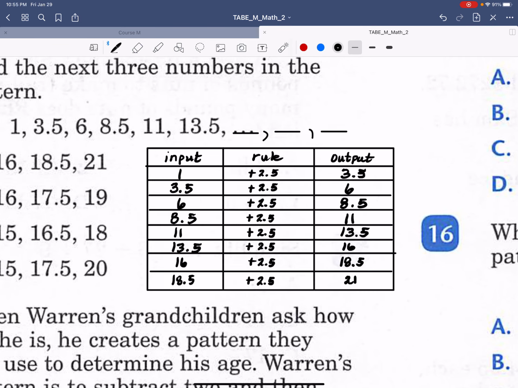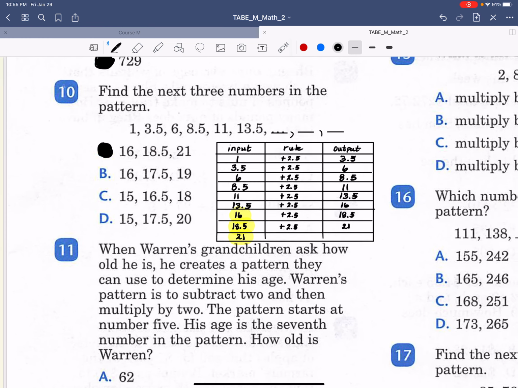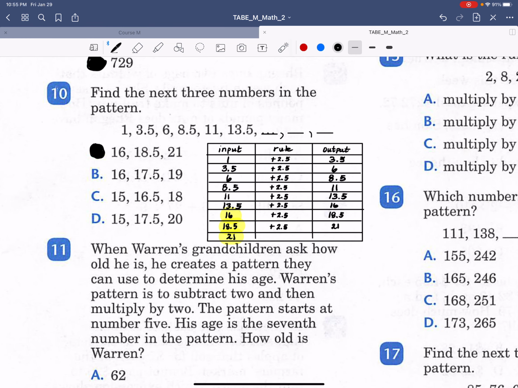So the next 3 numbers after, and I did go far enough, but let me go ahead and put this row in because the 21 will come down here. So after the 13.5, you have 16, 18.5, and 21. So I'm liking option A. You have to get the rule and then use the rule.